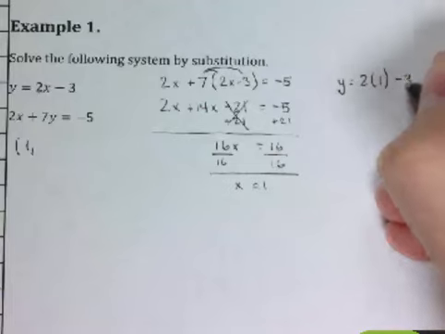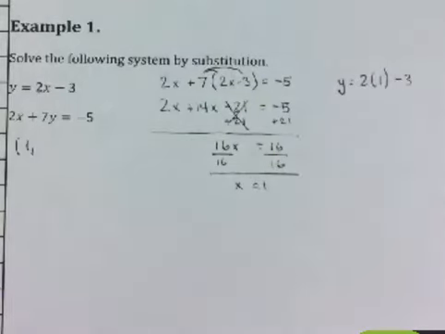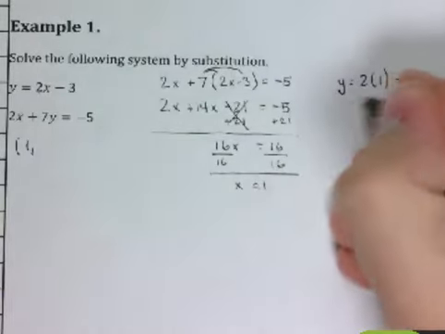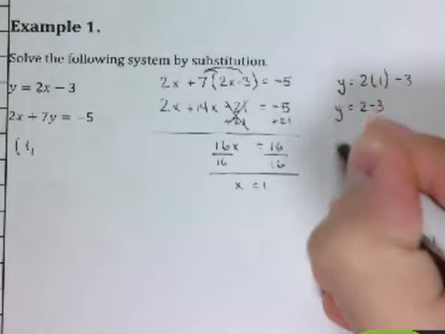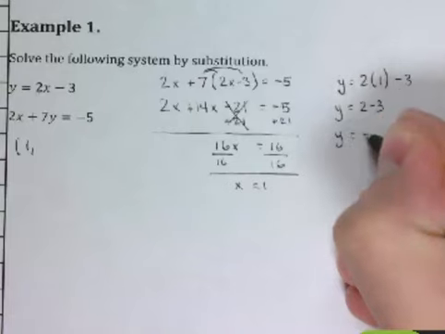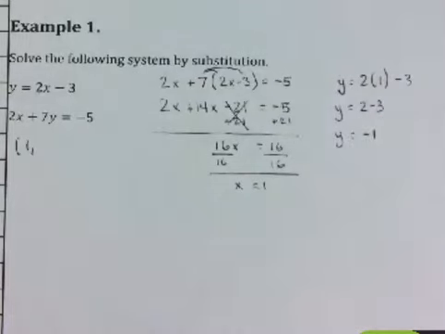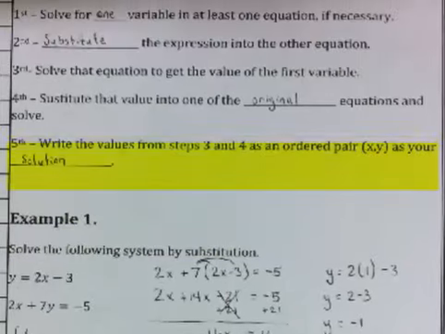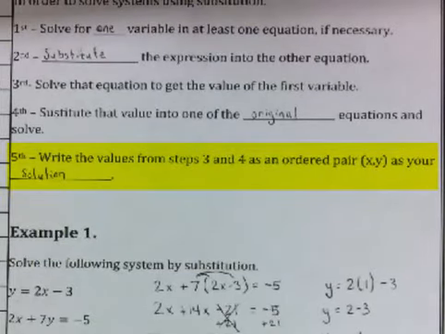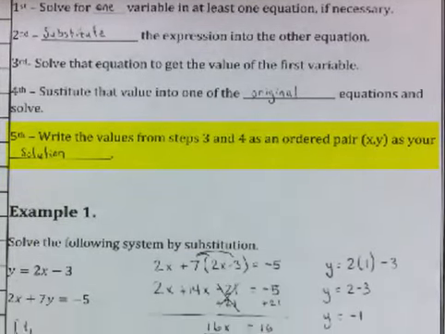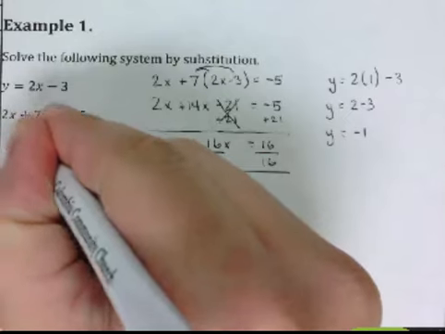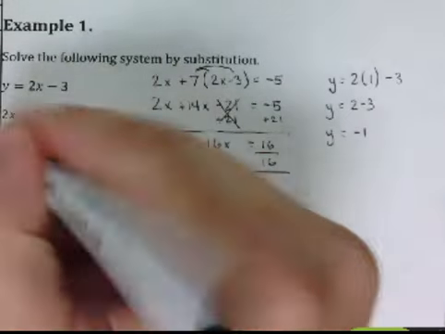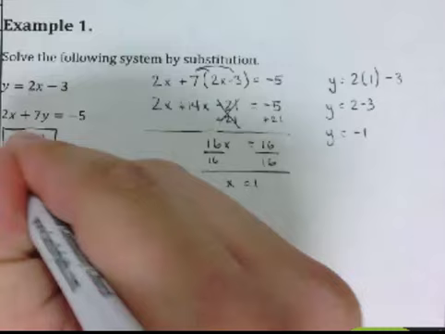Now, all we have to do is just solve for y. 2 times 1 is just 2. That means we're left with y is equal to negative 1. That fifth step there is to write the values from steps 3 and 4 as an ordered pair, (x, y), as your solution. So we already put x is 1, now we just put y is negative 1. And that is the solution for this system of equations.